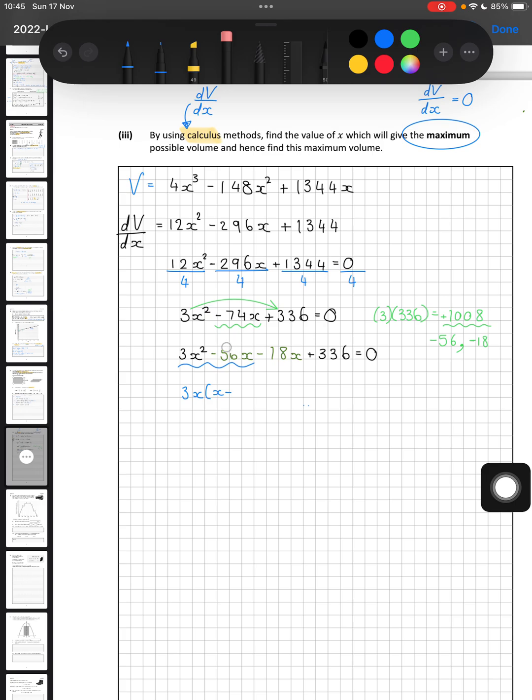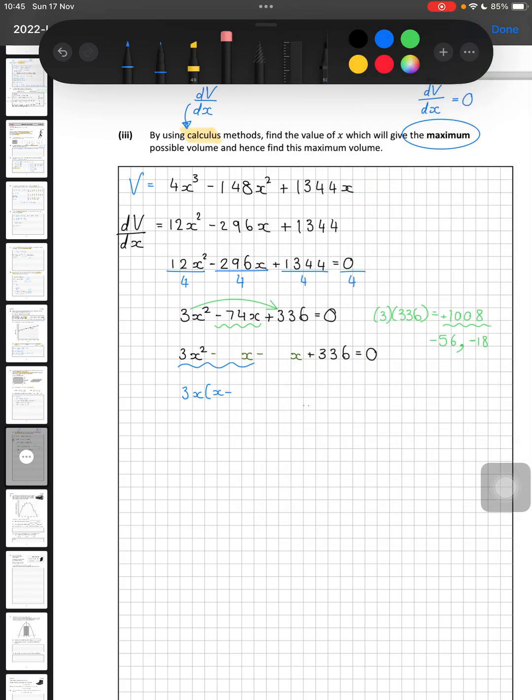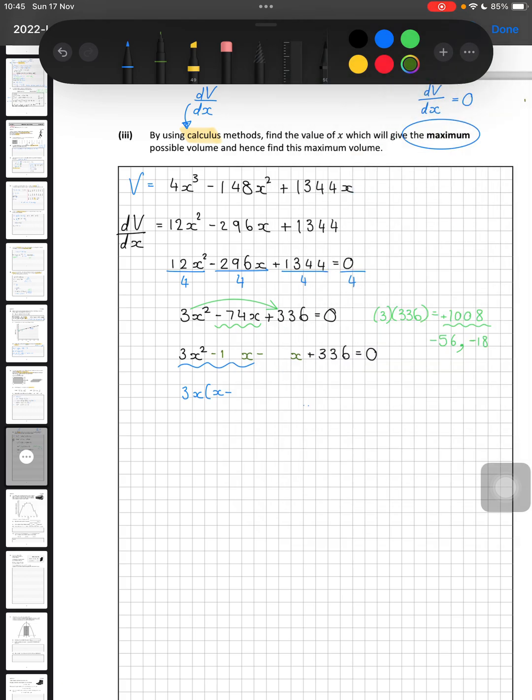Okay, so I'm just going to change that to being a minus 18x, oops. So it's going to be a minus 18x and then a minus 56x, because that way now 3 actually goes into 18. Okay, so 3x by what is giving me minus 18x, and I know that it's minus 6.